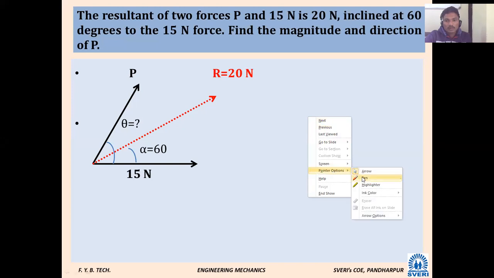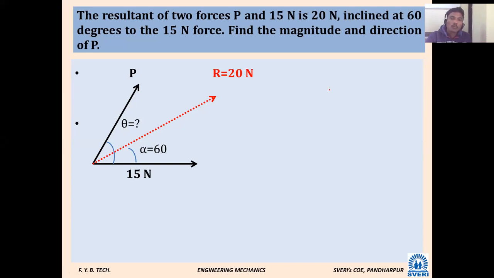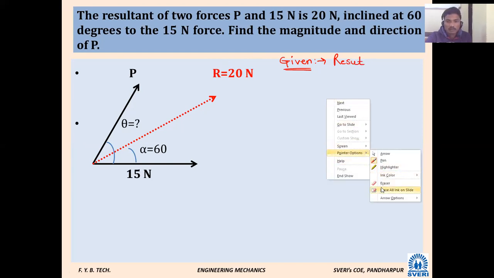The magnitude and direction of force P. P is one of the forces in this system. But what is given in this problem? The resultant R is given.